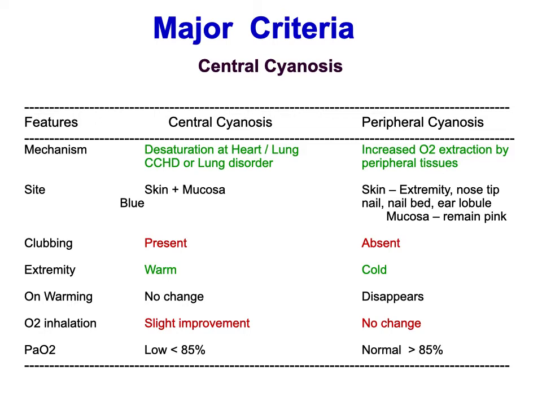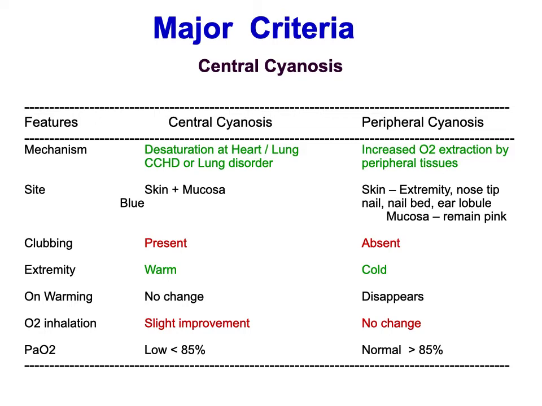As the mucosa is slightly warmer than the skin, rewarming has no effect on central cyanosis, and rewarming leads to disappearance of cyanosis in peripheral cyanosis. Oxygen inhalation again leads to no change in peripheral cyanosis, as central oxygenation is normal. So giving more oxygen does not lead to increased oxygen saturation.